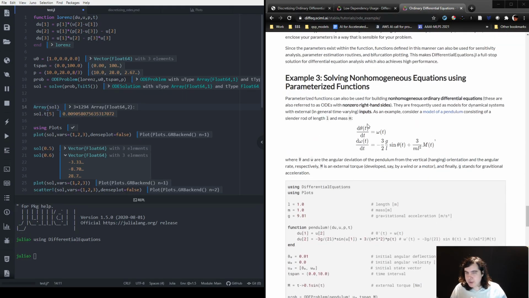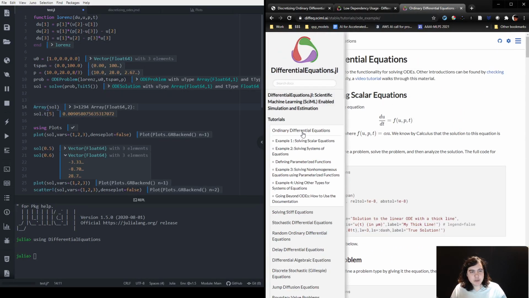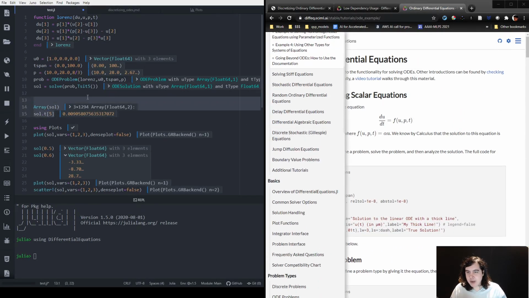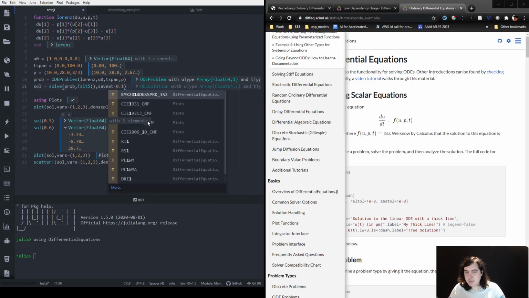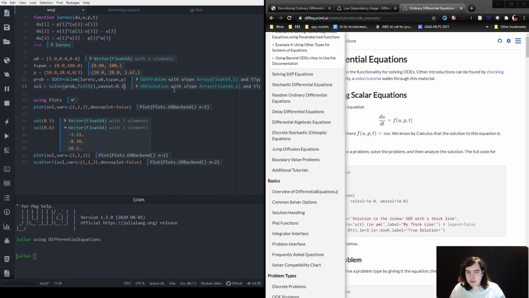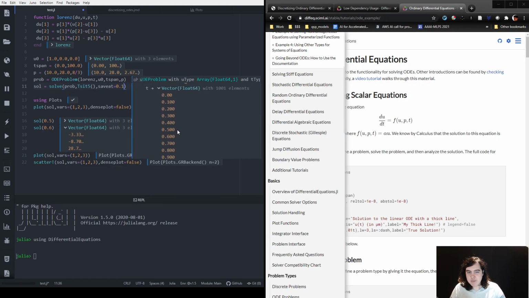The documentation will go through all of those kinds of aspects, and pay attention to, for example, the aspects that have to deal with saving. Since this is a continuous object, if you want specific discrete objects out, you have to ask for it. For example, if you want to save at every 0.1 time steps, you can say save at 0.1, and then you'll save 1,000 points, where these 1,000 points are evenly spaced by 0.1.